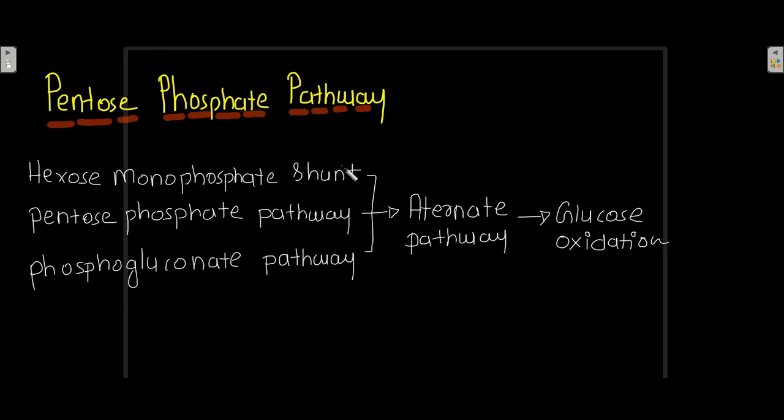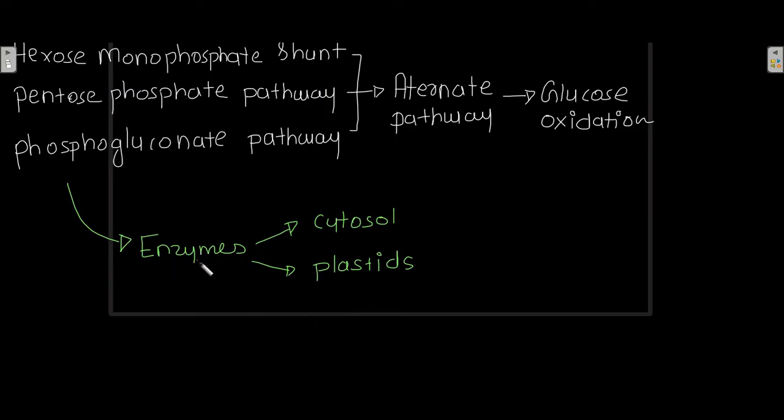The enzymes of this hexose monophosphate shunt, or HMP shunt, are located in the cytosol and in plastids.